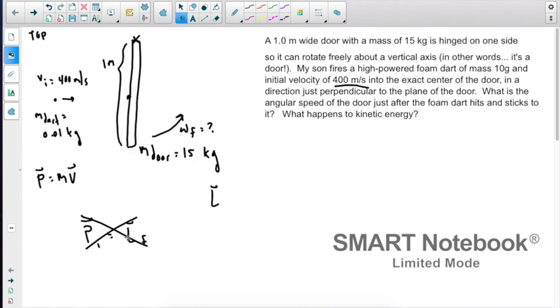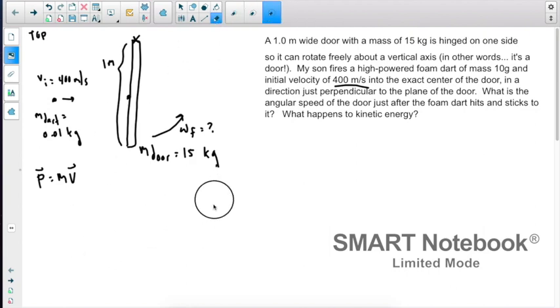Instead, do you guys know what I'm going to have to do? I'm going to have to view the dart as if it has angular momentum to begin with. It is true that it has translational momentum, but remember guys, even if you have a point particle moving in a straight line, we can still say that that point particle has an angular momentum, can't we?